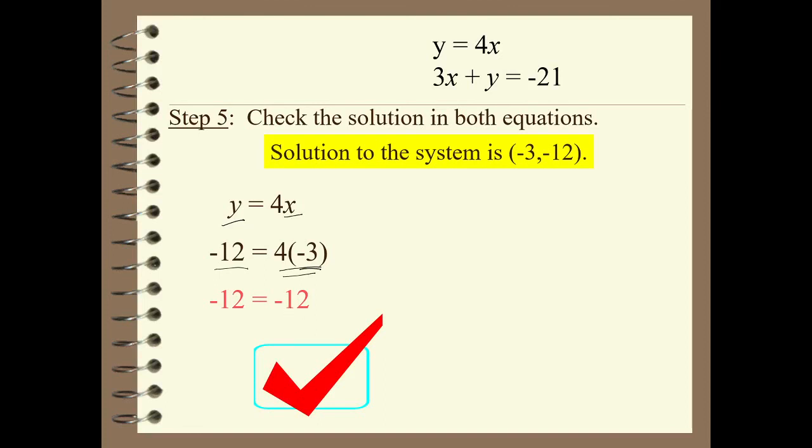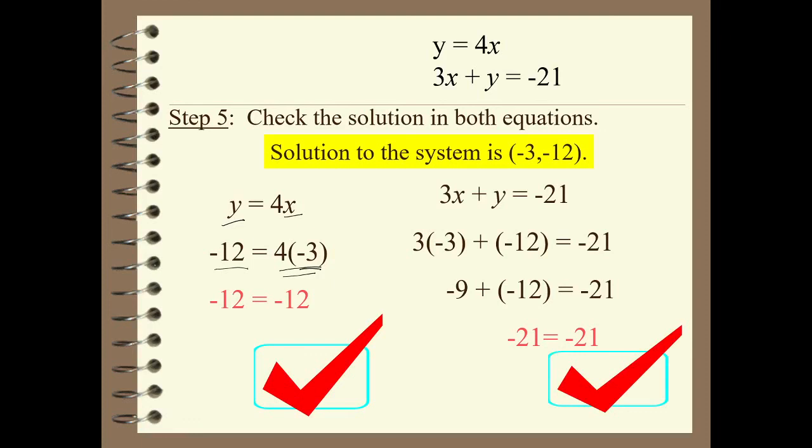Now, you can't just say the solution is right already. You will be checking the second equation now. Let's verify that. We now substitute x, that's negative 3, and y, that's negative 12. Multiply the two, you'll get negative 9. Plus negative 12, that's negative 21. And our solution is totally right.